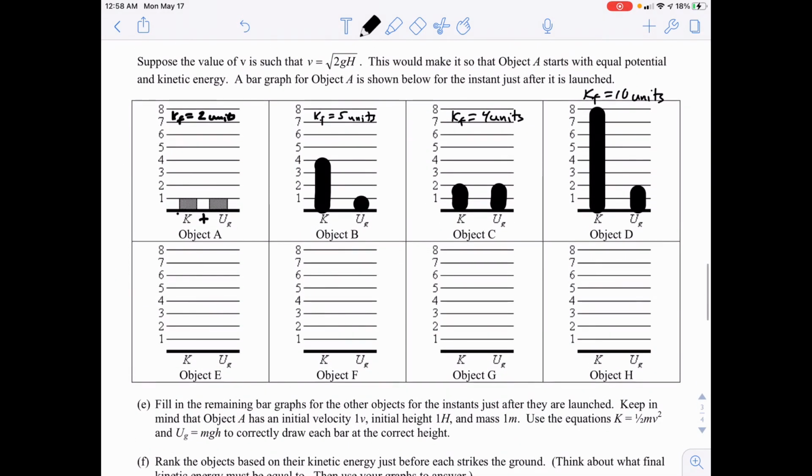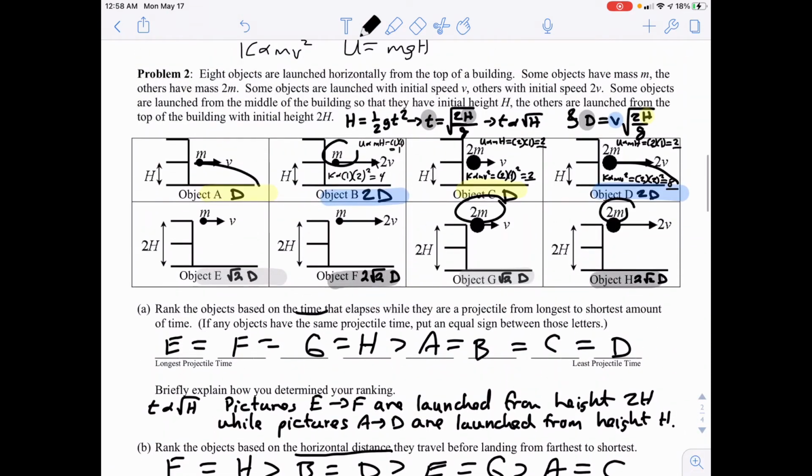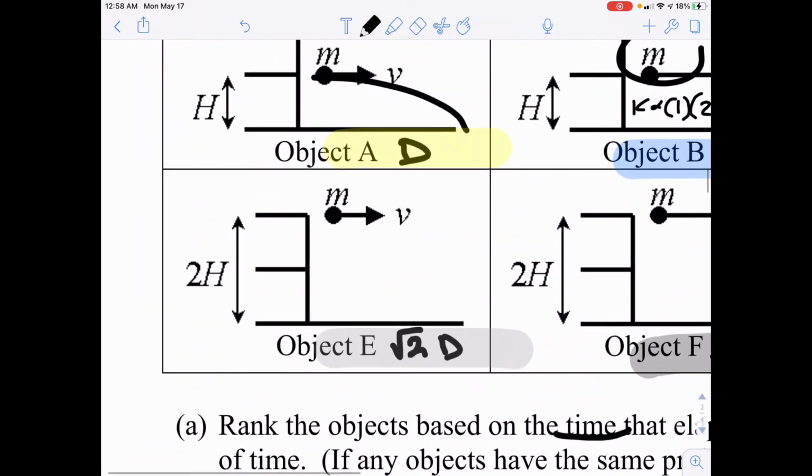Let's look at object E. The potential energy, again, is proportional to mH. So we have 1 mass unit and 2 height units, for a potential energy of 2. So it's twice the potential energy as object A. And kinetic energy is proportional to mv squared.